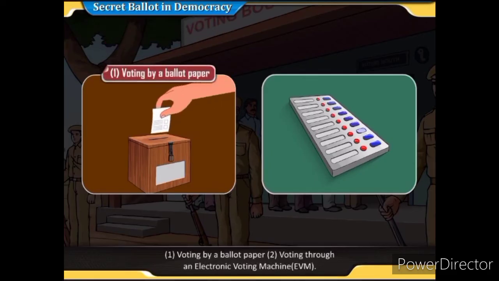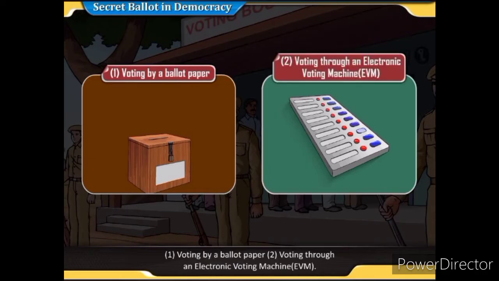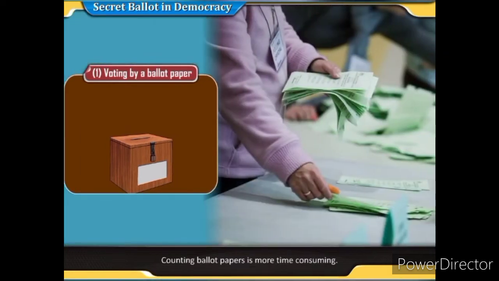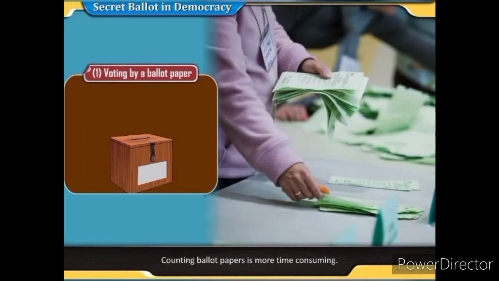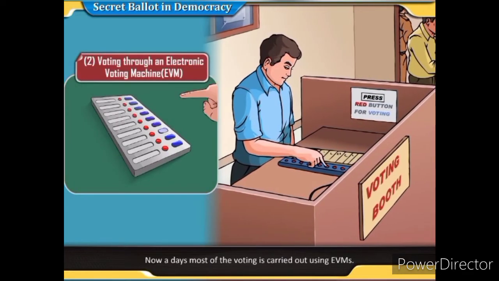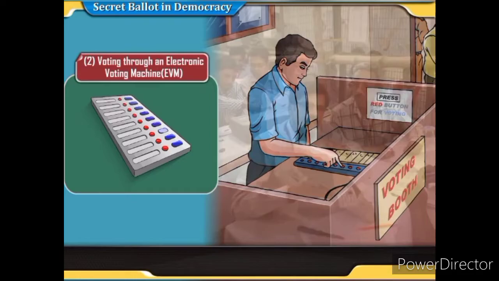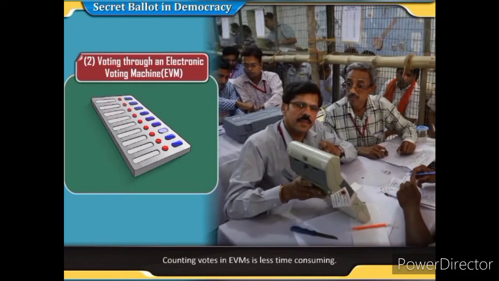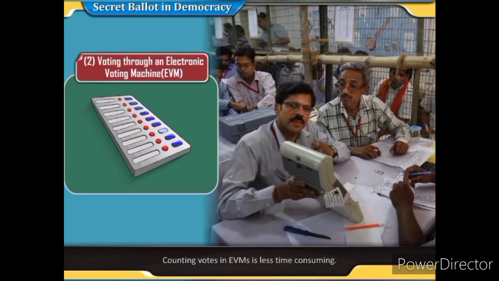Two processes are used for voting. 1. Voting by a ballot paper. 2. Voting through an electronic voting machine or EVM. Counting ballot papers is more time-consuming. Nowadays, most of the voting is carried out using EVMs. Counting votes in EVMs is less time-consuming.